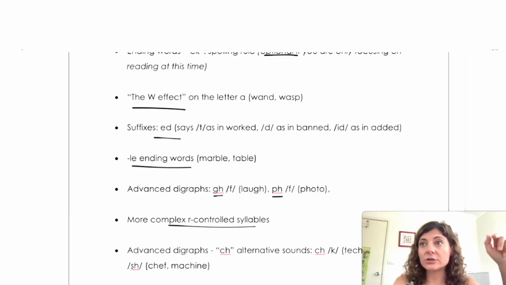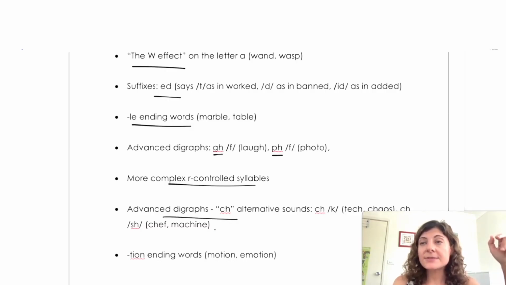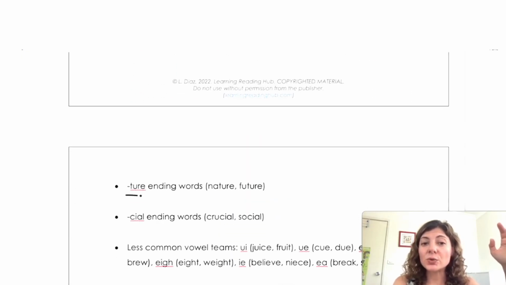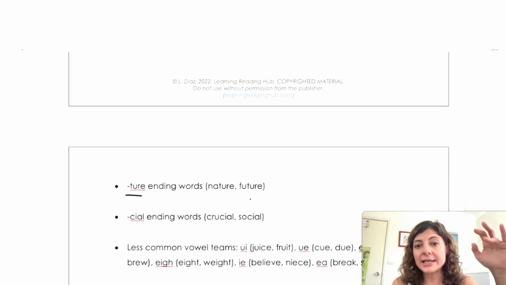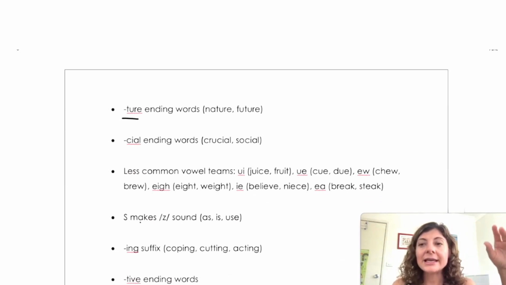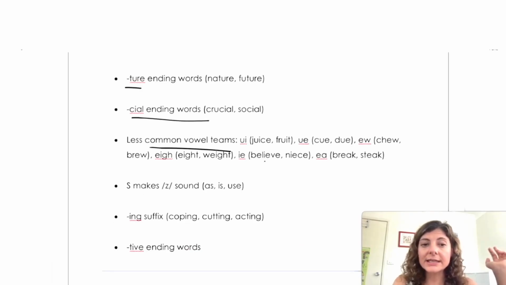More complex are R controlled syllables. More advanced digraphs, TION ending words. Motion, emotion. TURE ending words. Nature, future. CIAL ending words. Crucial, social. Less common vowel themes.